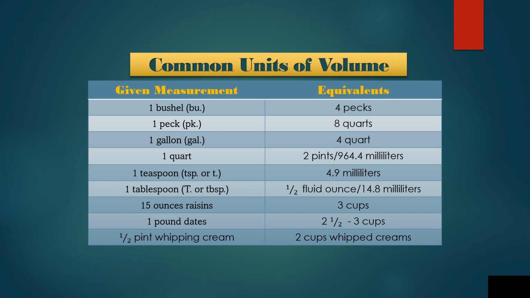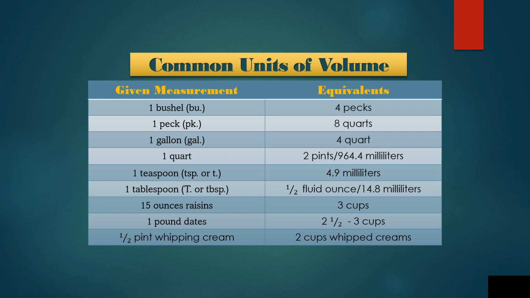And then 1 gallon or gal is equivalent to 4 quarts. And then 1 quart is equivalent to 2 pints or 964.4 milliliters. And then 1 teaspoon or TSP or T is equivalent to 4.9 milliliters. And then 1 tablespoon or capital letter T or TBSP is equivalent to 1 half fluid ounce or 14.8 milliliters.